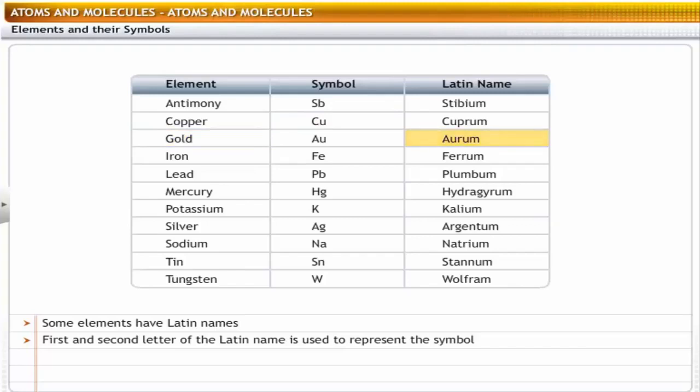Gold as aurum, represented by Au. Iron as ferrum, and the symbol is Fe. Lead as plumbum, and is represented by Pb.